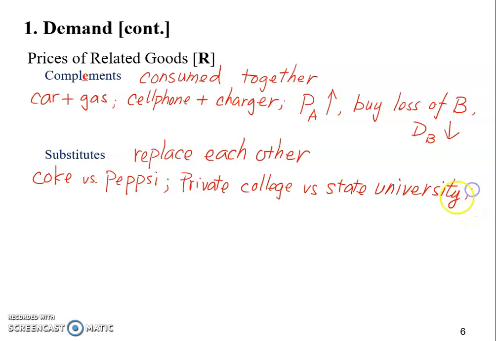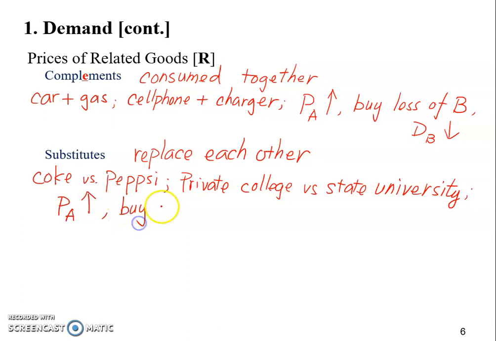All right, and again you can come up with a lot of examples. Okay, now let's look at the relationship between the price of A and the demand for B. Okay, if the price of A goes up, for example, Pepsi becomes more expensive, then some people, at least those who cannot tell the difference between the two or who don't have a strong preference between the two, they're gonna buy more of Coke, right?